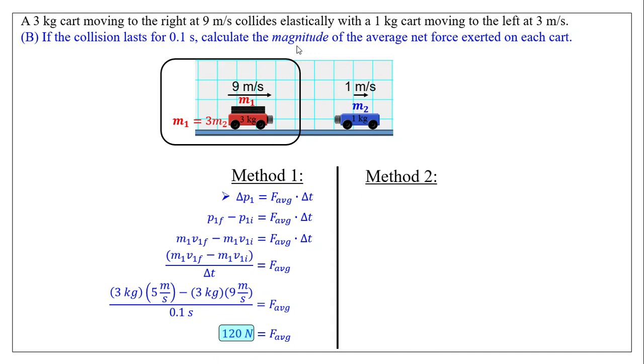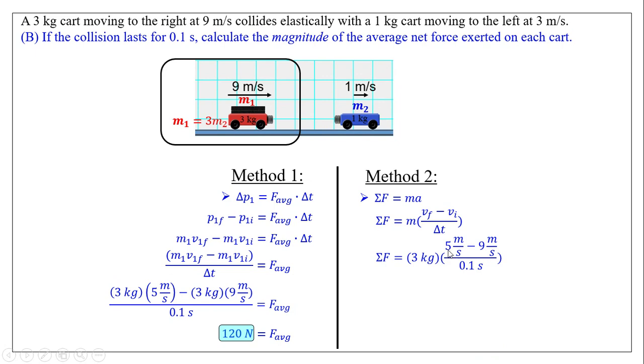Now, method two. If you want, you can use method two. You can just apply sigma F equals ma, Newton's second law, okay? Well, to find net force, we need m and we need a. We know a is the change in velocity over change in time. Well, here we pretty much have everything. Here, mass is 3. Vf is a positive 5 minus Vi, but Vi being a positive 9. So T is given as 0.1.